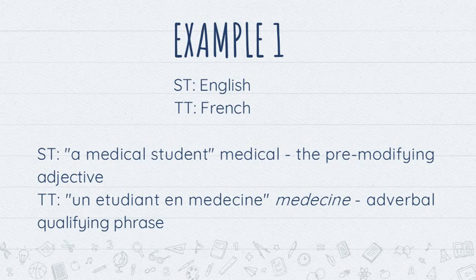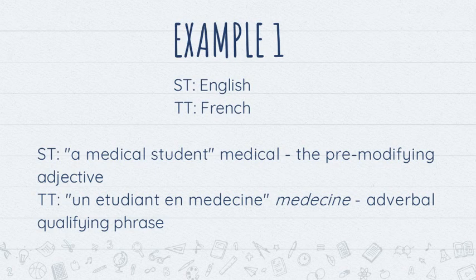In a more specific definition, class shift is when a source text or source language item is translated with a target text or target language item, which belongs to a different class. An adjective may be translated as an adverb, and a noun may be translated into a verb.